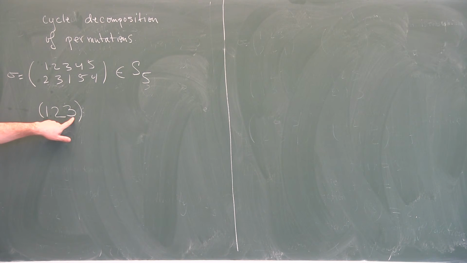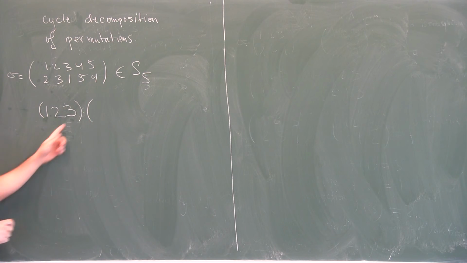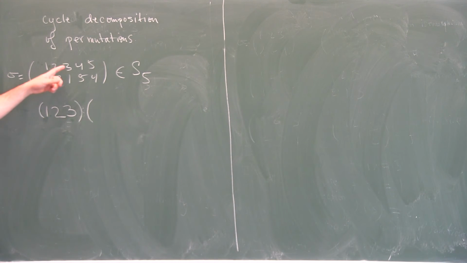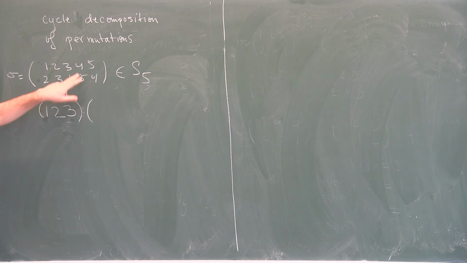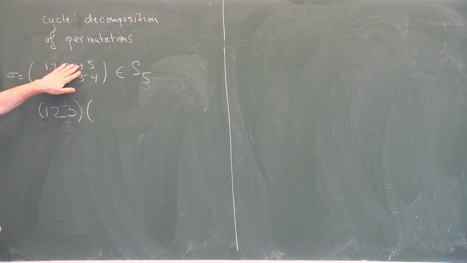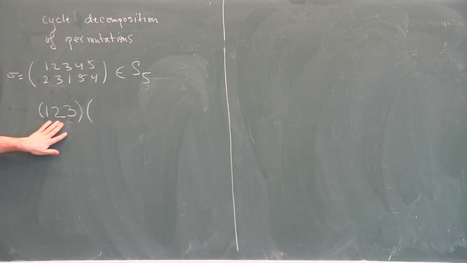And that's telling me that 3 maps back to 1. This thing is called a cycle. And then we open a new parenthesis. Now I take a number that is up here, but does not appear in this cycle.